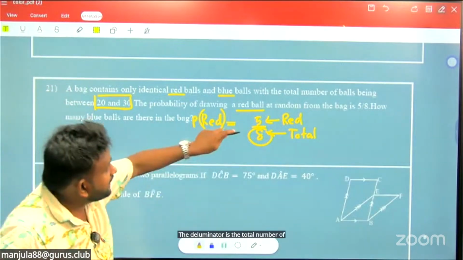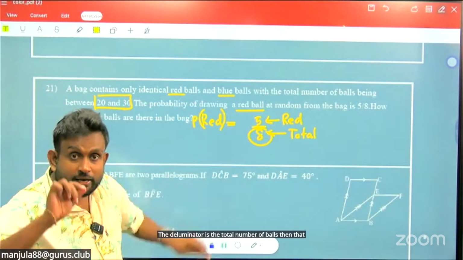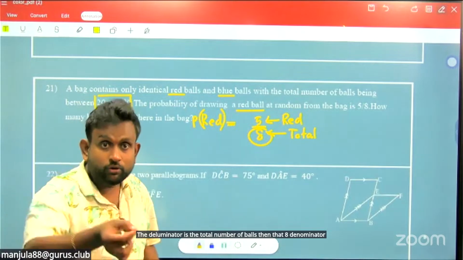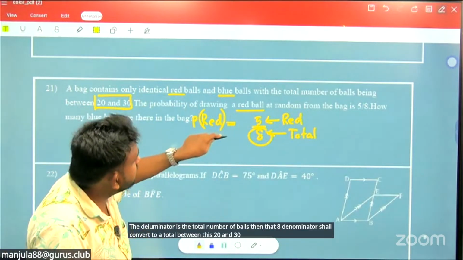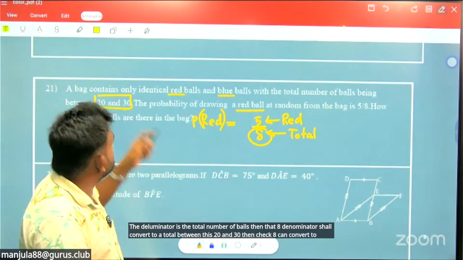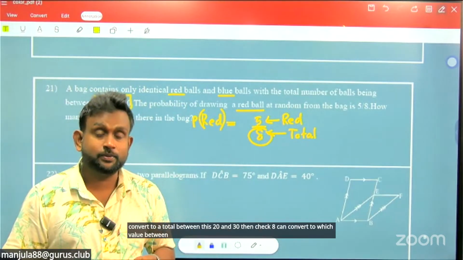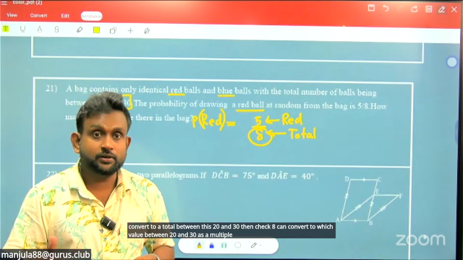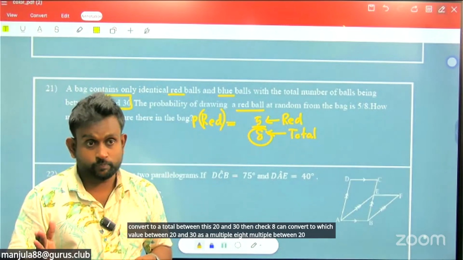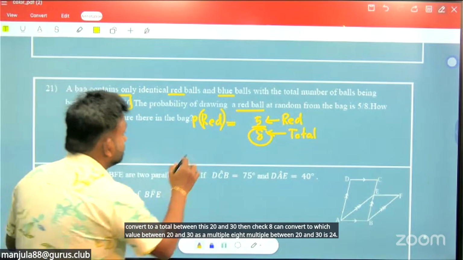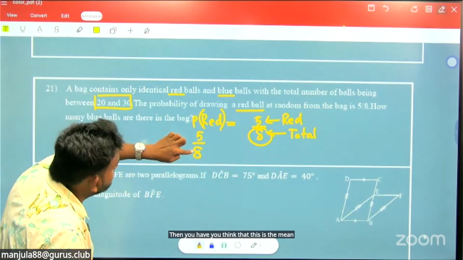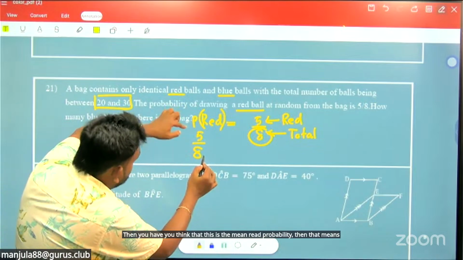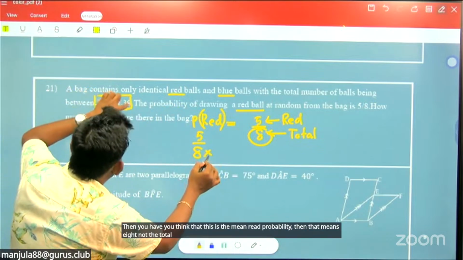Then that denominator 8 should be converted to a total between 20 and 30. Check which multiple of 8 lies between 20 and 30. The multiple of 8 between 20 and 30 is 24. Then that means 8 is not the total, it has to be a value between 20 and 30.